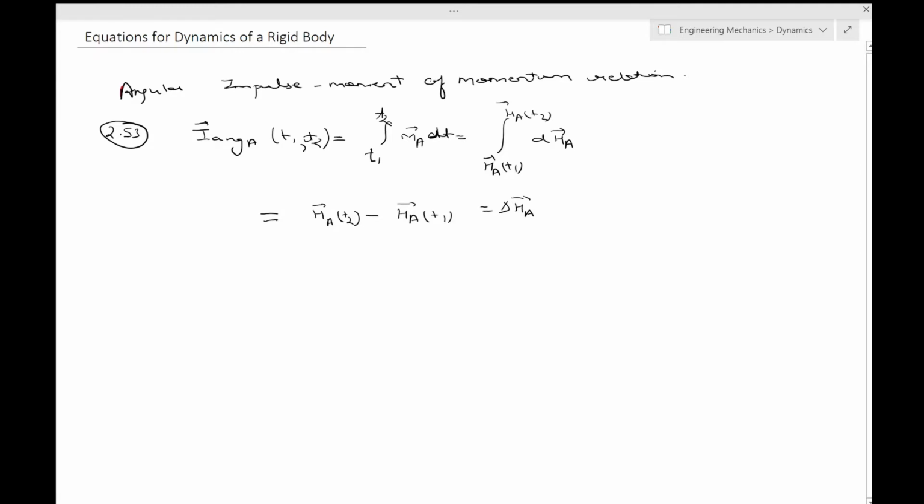So the external angular impulse about A equals the change in the moment of momentum. That's what we had learned. This was equation 2.53. This could have been any point essentially.